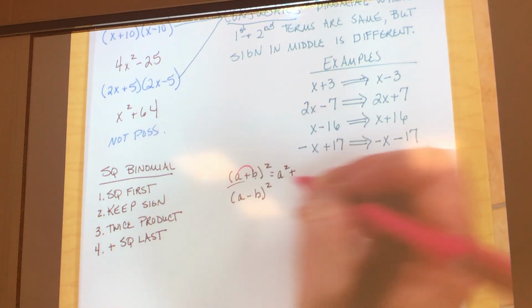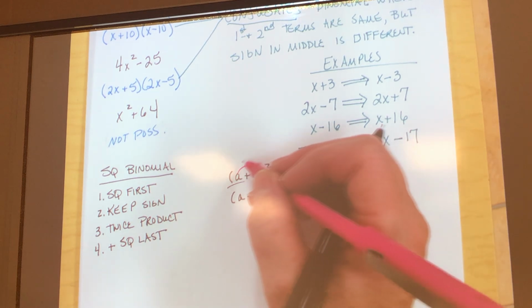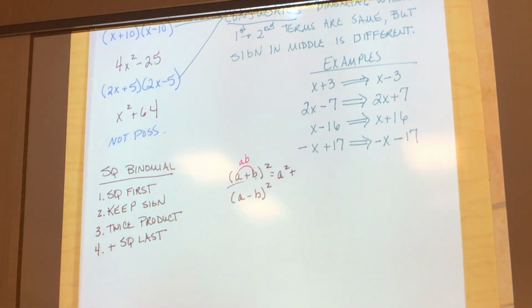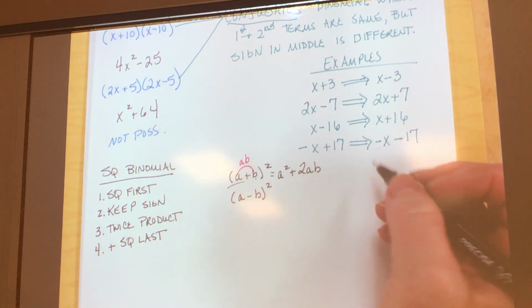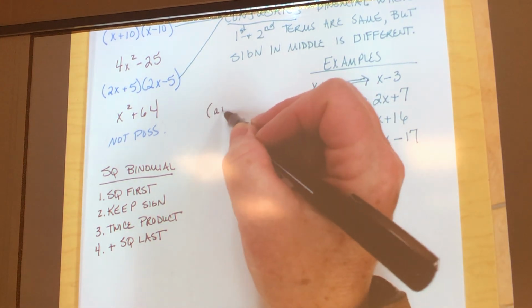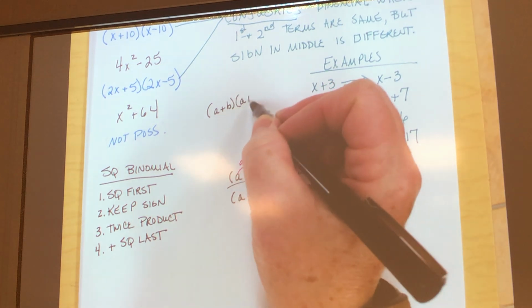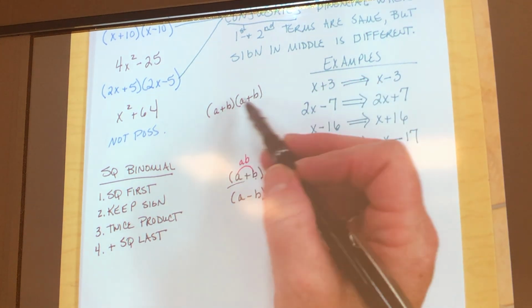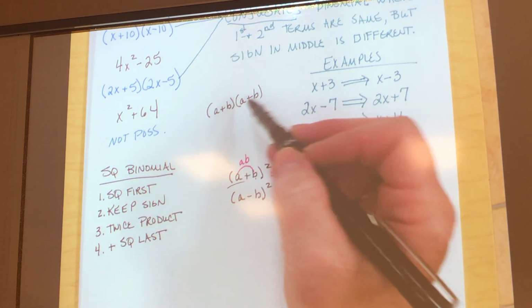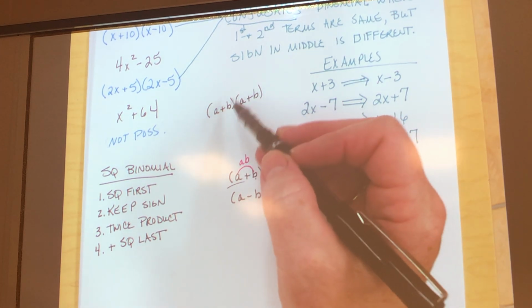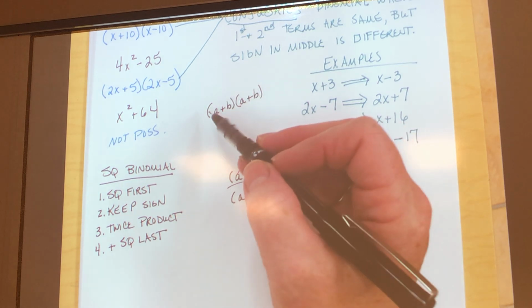Their product is what you get when you multiply the first times the last. A times B. Twice that would be 2AB. Y'all remember why it's like that? Because when you multiply A plus B times A plus B, squaring the first is first times first. When you do the outers and the inners, you get A times B on the inners and A times B on the outers.